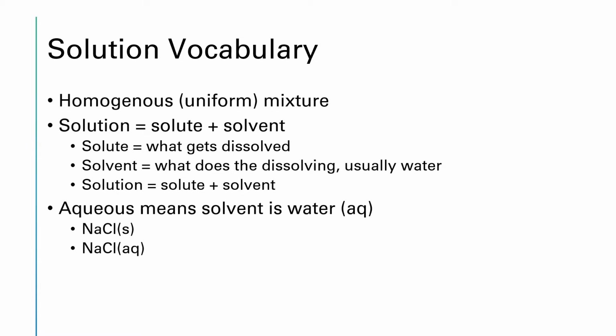When we're looking at the special case that the solvent is water, we are going to use a subscript of AQ on the substance to indicate that the solvent is water. Right, so that's what that AQ stands for, it's water. So there's a big difference between the way NaCl is written in these two cases at the bottom of the list.